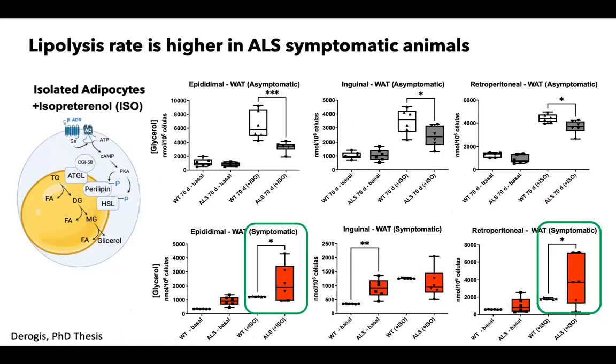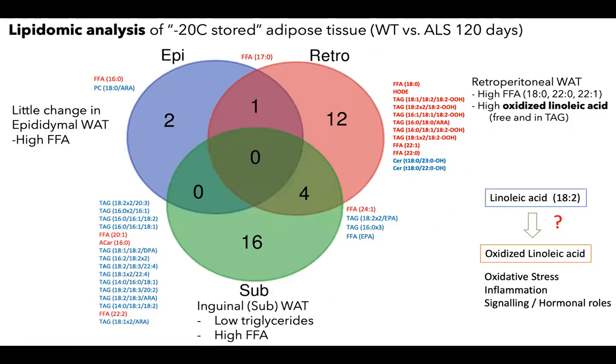The lipolysis rate in isolated adipocytes was higher in the symptomatic stage in the epididymal and retroperitoneal tissue, and in inguinal also, but differently. And here is the data on the lipidomic analysis of this adipose tissue that was stored at -20.